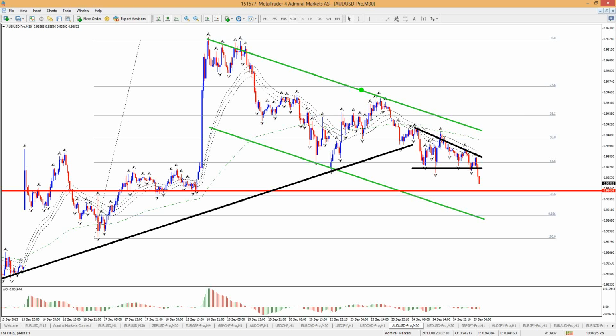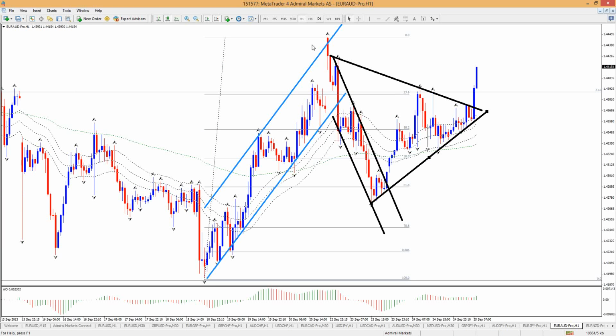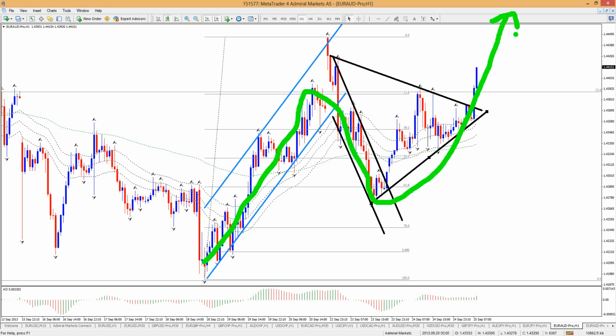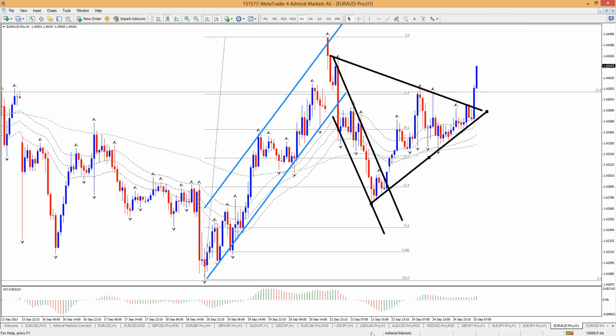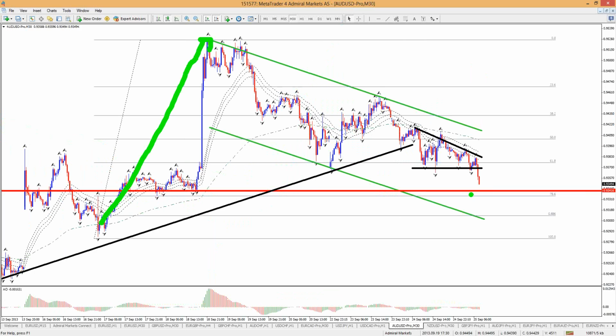Let me take a look at the euro Aussie. To me, it's more of a clear structure, that's just what is most clear, and a 786 maybe pretty close by.